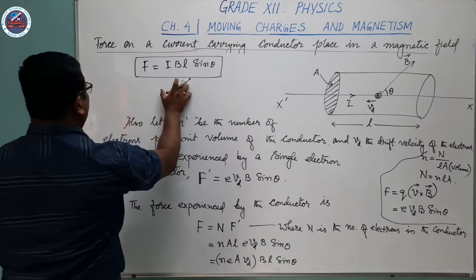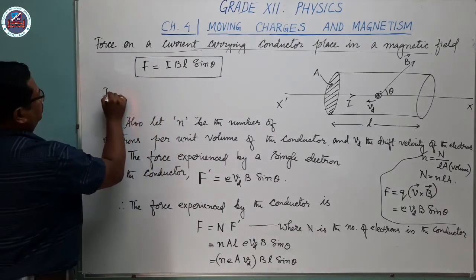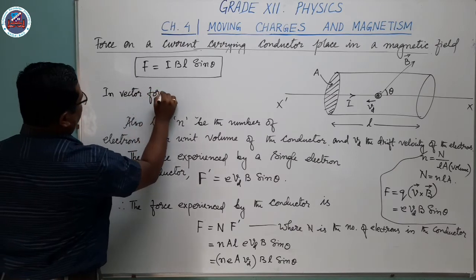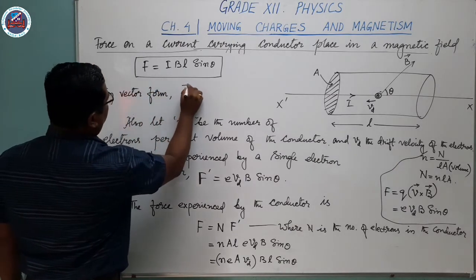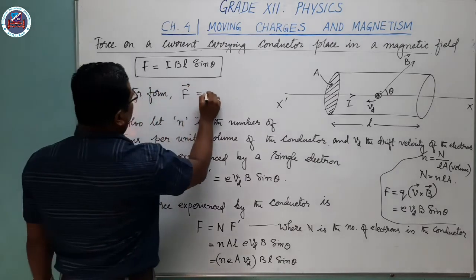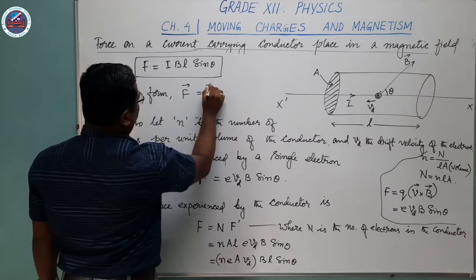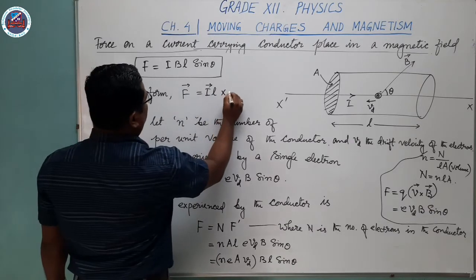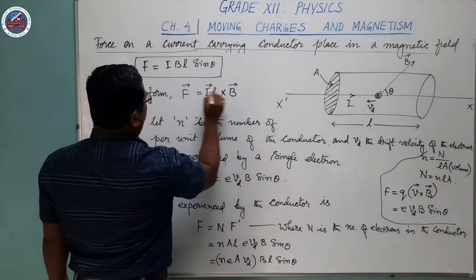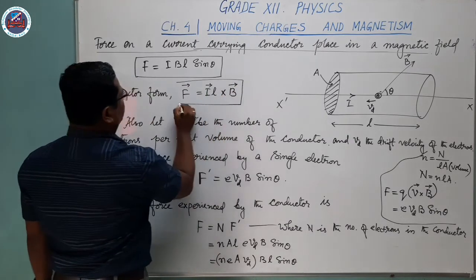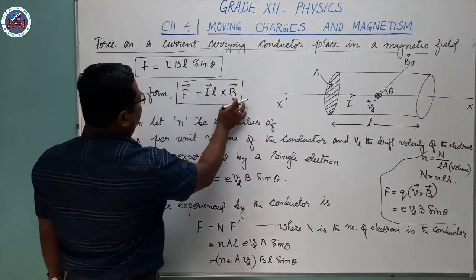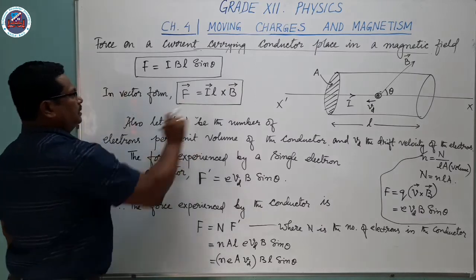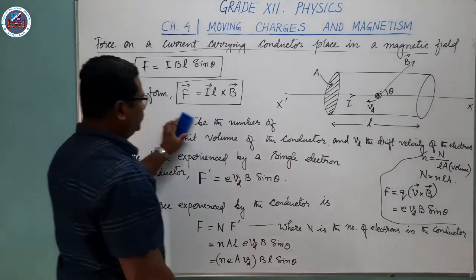In vector form, if you write this, force, we put an arrowhead in vector form. This is I and L, current in a direction in a particular conductor, we take this vector cross B. This is in vector form. I L cross B is I L B sin theta. So this is the representation in vector form.